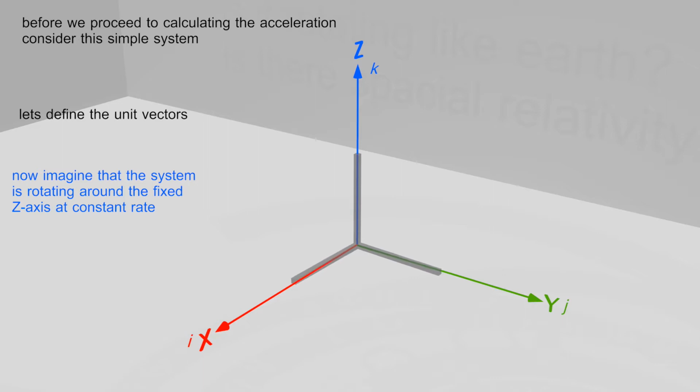Now let the system be rotating around the z-axis at a constant rate. Notice that when it rotates, the system will leave the fixed x and y, although it is still connected to the fixed z-axis.